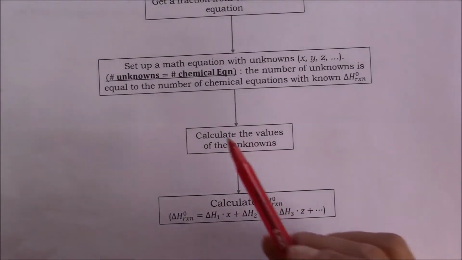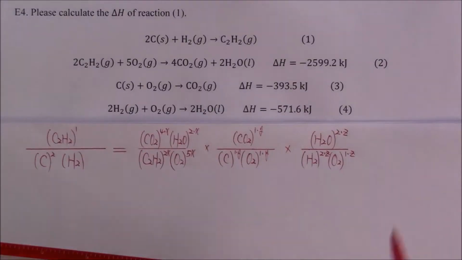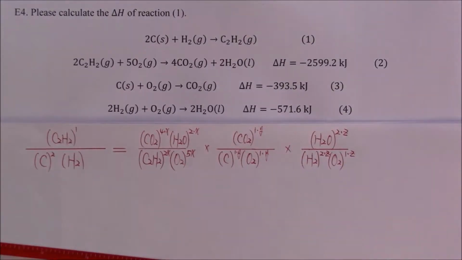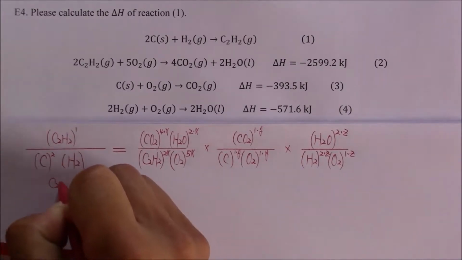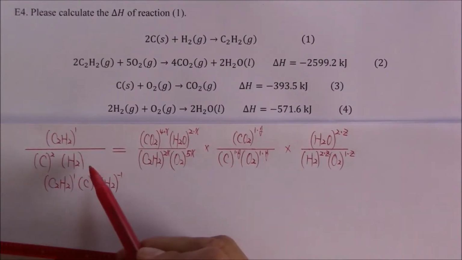The next step is to calculate the values of the unknowns. Well, when you first look at this equation, it is a little intimidating. However, it's very easy to solve this equation to find the values of x, y, and z. Now let me show you how to do that. Well, what we need to do is we try to get rid of the denominators.